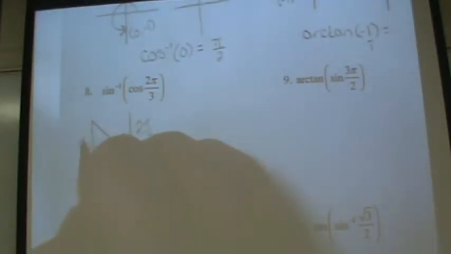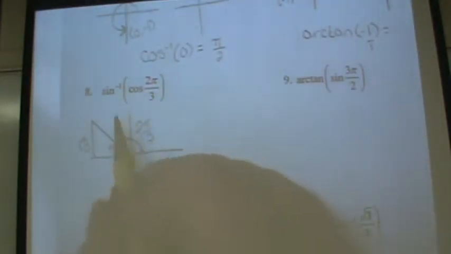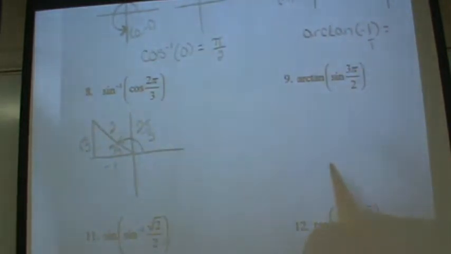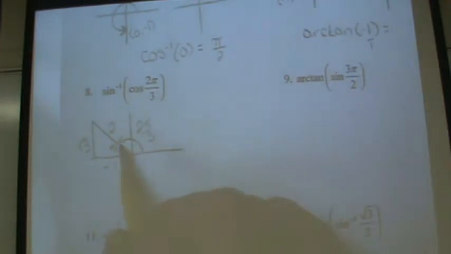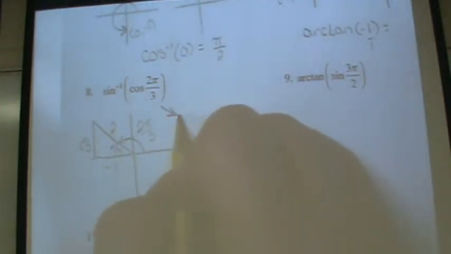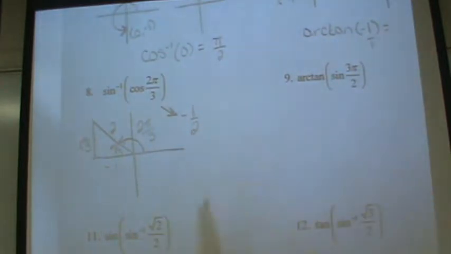What is this side? This is root 3. What's this one? -1. And then our hypotenuse is 2. So what is the cosine of that 2 pi over 3? Adjacent over hypotenuse. So you get -1/2.